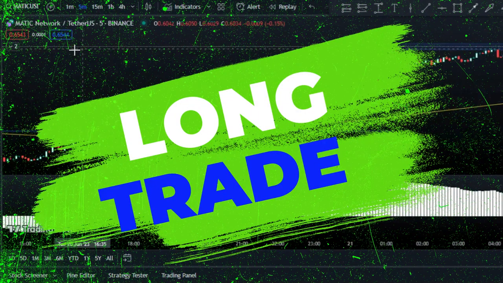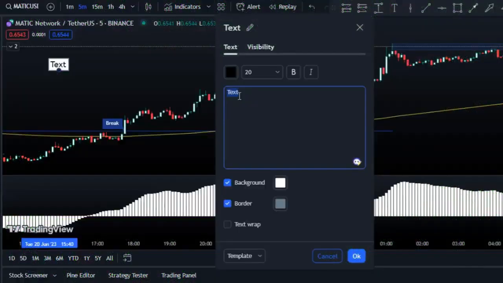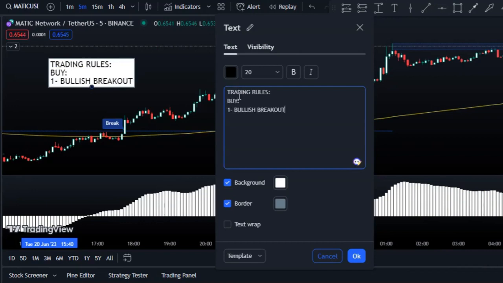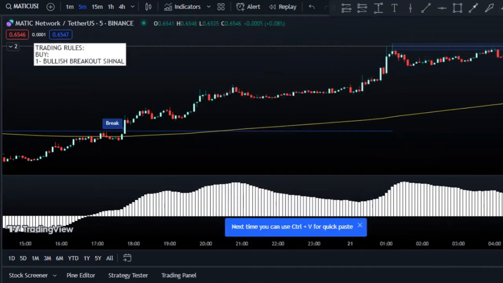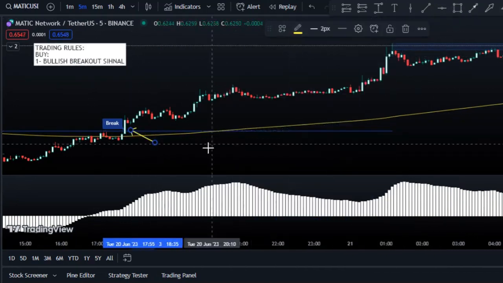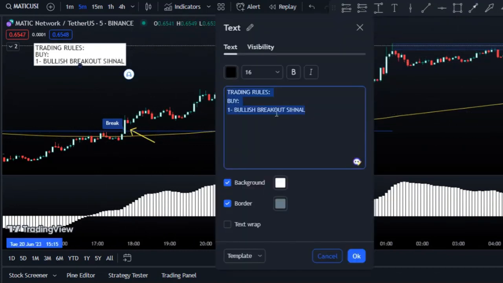So in this case, to enter a long trade, first we have to wait for a bullish breakout. Then make sure the momentum histogram indicator is positive.